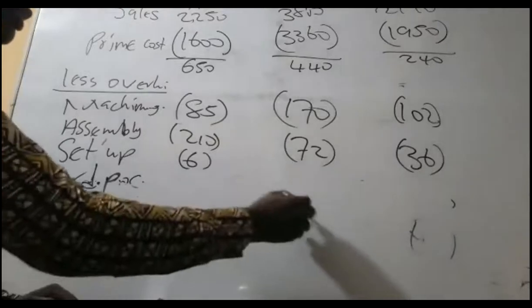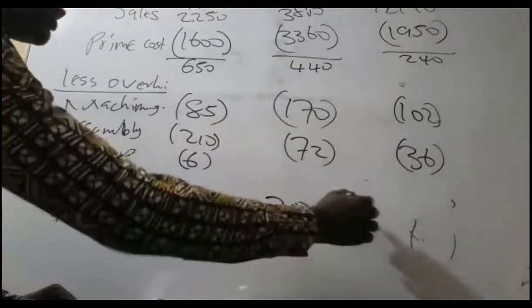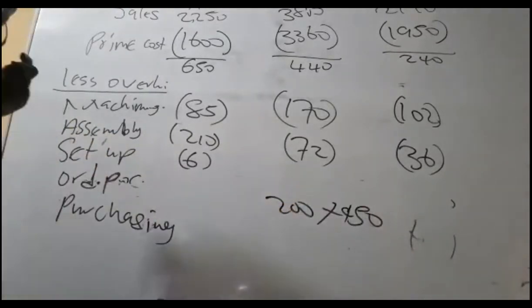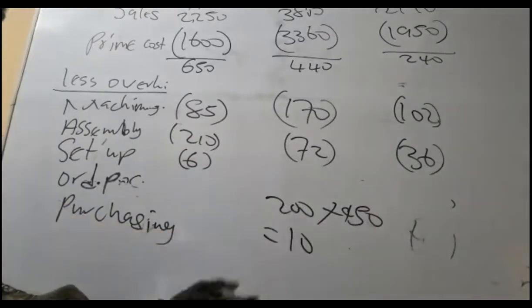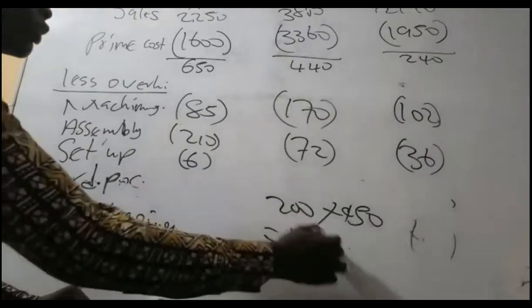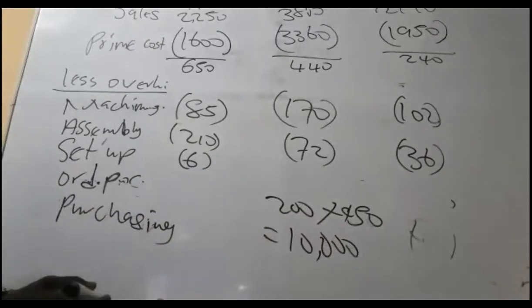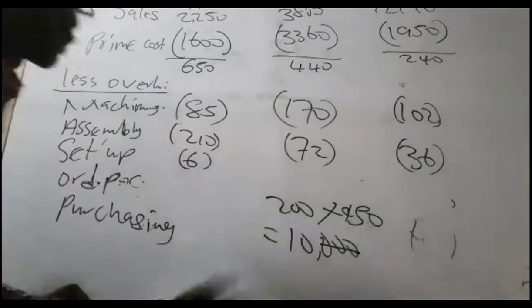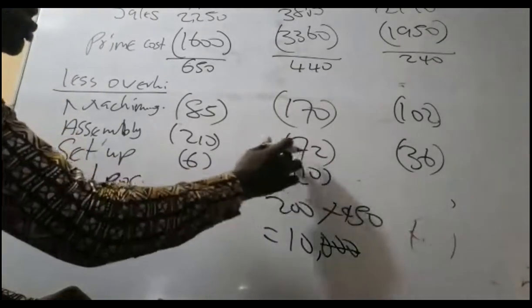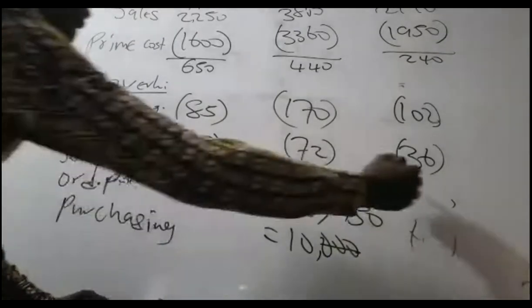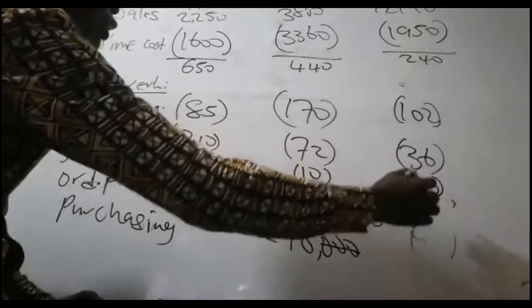So it will be 200 times 50. That's 10,000. So if we cancel the 3 zeros, it's 10. The same thing over here, 10, because that one also is 200.